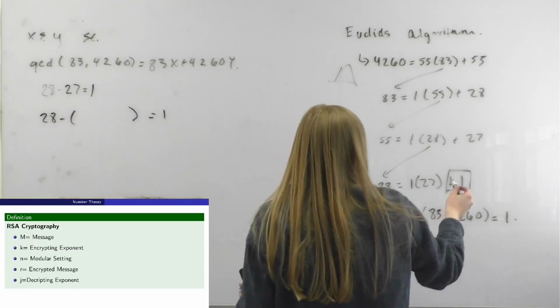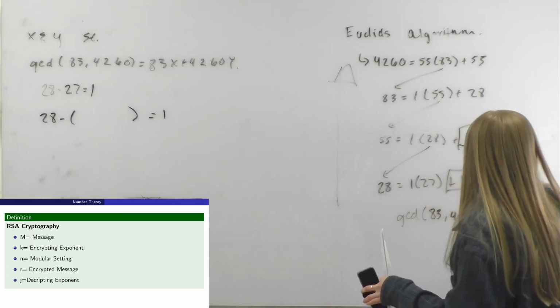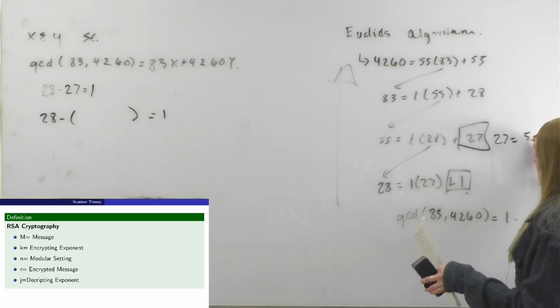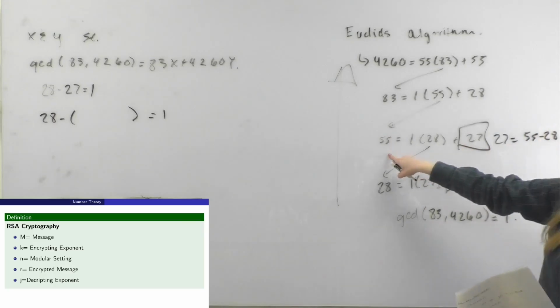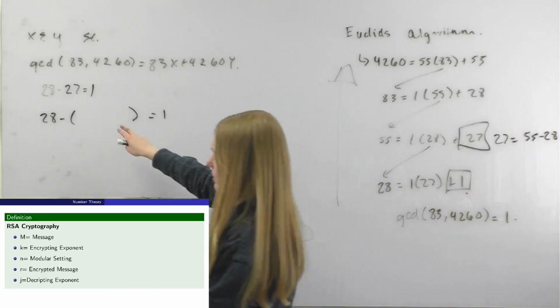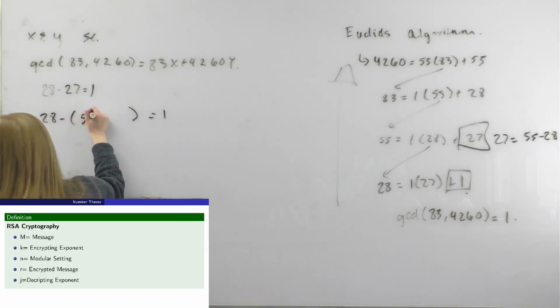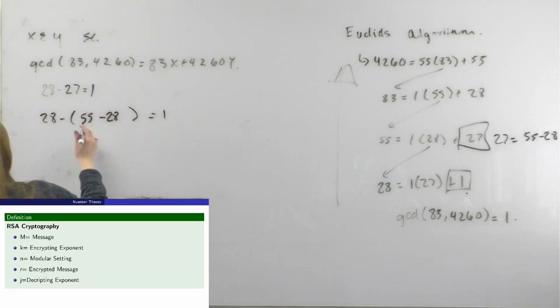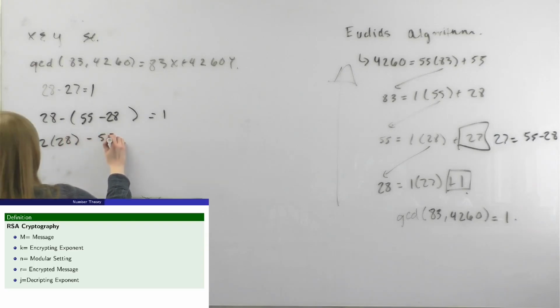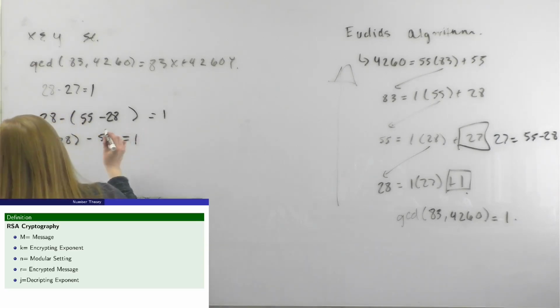But right, we have a formula for 27. 27 is just 55 minus 28, right? If we just take this over here. So we're going to plug that in over here. We have 55 minus 28 is equal to 1. From this, we see that 2 times 28 minus 55 is 1.